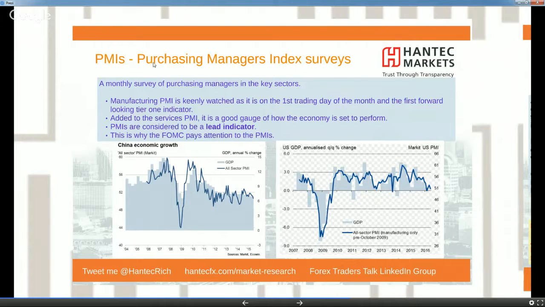Now, you've got here the charts of both China and the US. The US is up to date pretty much. As you can see, the PMI line. This is the all sector PMI, which takes into consideration both the manufacturing and service sector PMIs in the States.